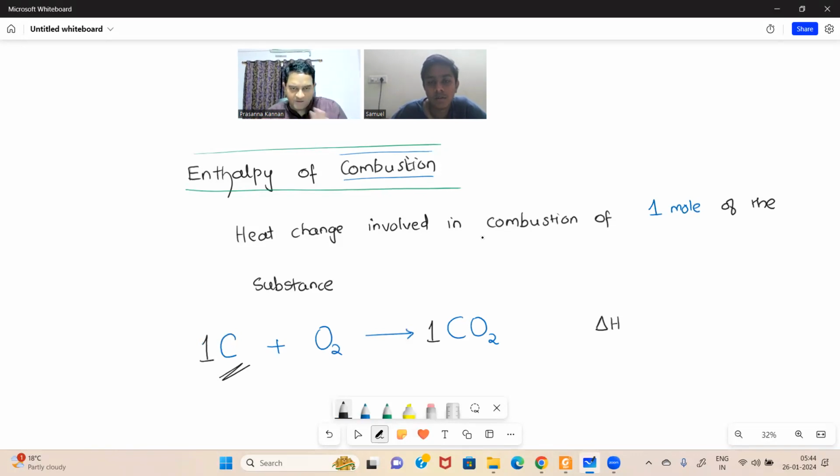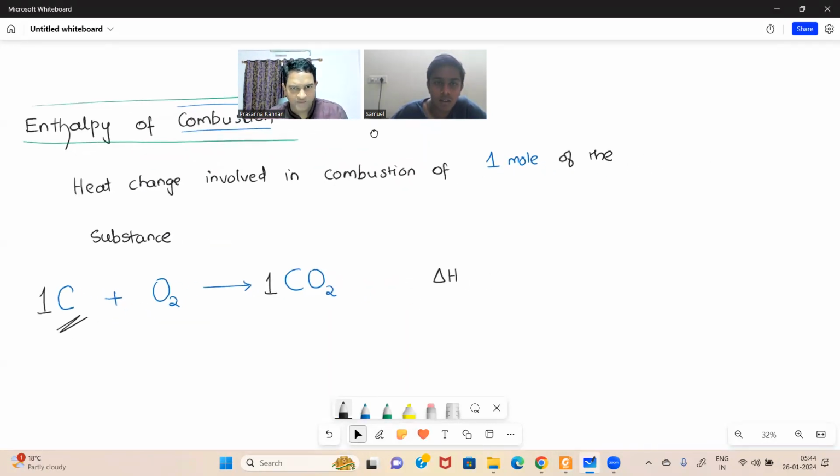Because of the balanced equation, it becomes 1 mole. But the focus is on burning how many moles? 1 mole of carbon. So if I say enthalpy of combustion of methane is so much, what do I mean? That means you're burning 1 mole of that substance.